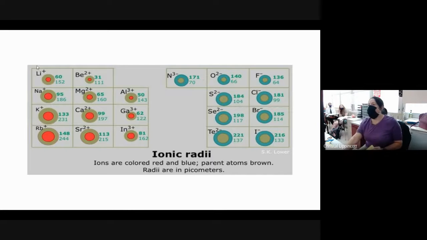So this fluorine will actually be a little bit bigger than it normally would have been. Oxygen's going to be even bigger because it's only got 8 pulling on those 10. And nitrogen's going to be even bigger than that because it's got 7 pulling on those 10. So think of it in terms of those things.